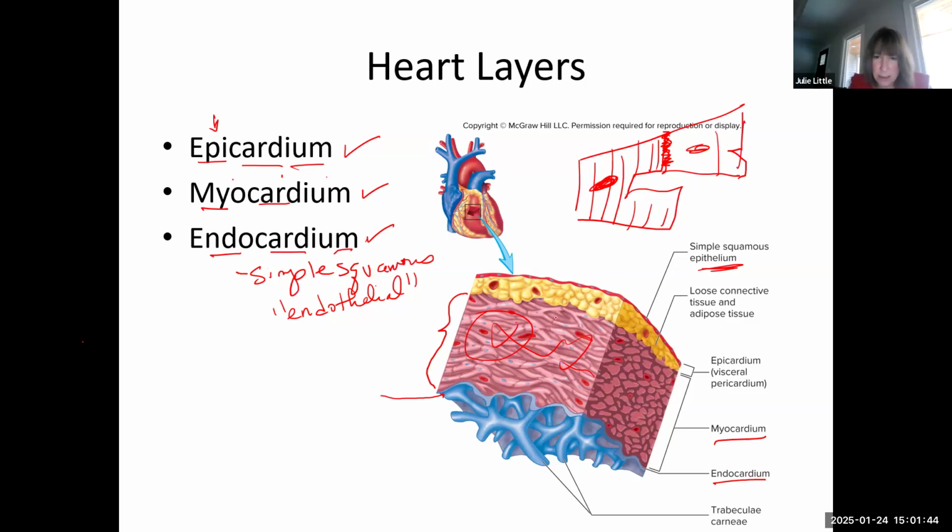So here we see an intercalated disc. Here we see one. Here's one. Here's one. And microscopically, where these cells meet, it stains very nicely because at this region, we have lots of gap junctions. So the cells can speak to one another. And because gap junctions are made of proteins, they stain darkly so you can see them.